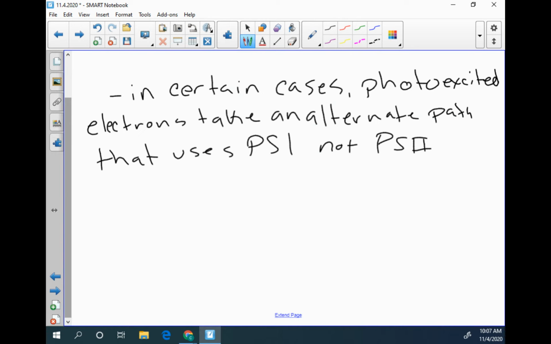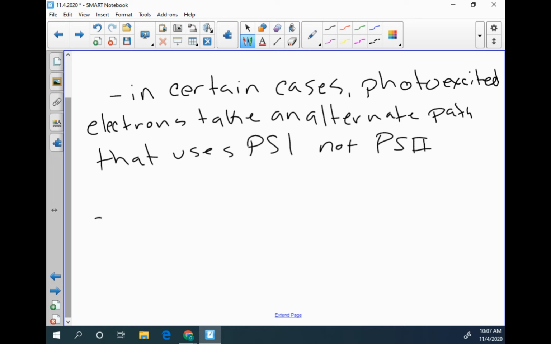In this system, electrons cycle back from ferredoxin to the cytochrome complex, and then to P700.